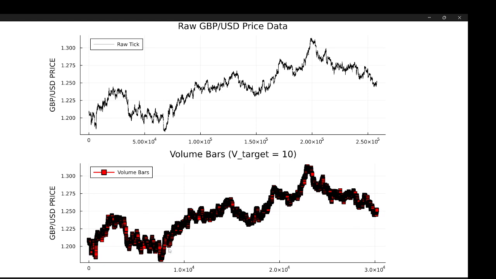Now, as you can see, it looks like it's gotten finer, right? Because we have smaller volume targets. So as you can see, it looks very, very dynamic, very chaotic.